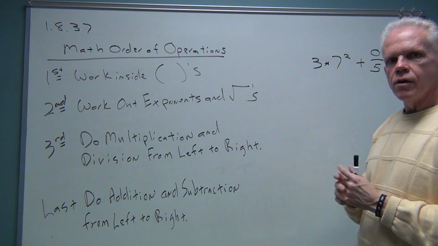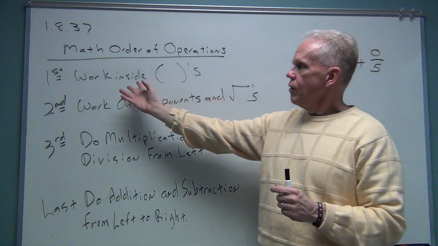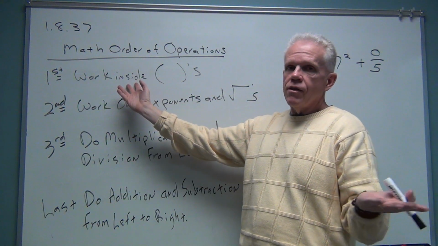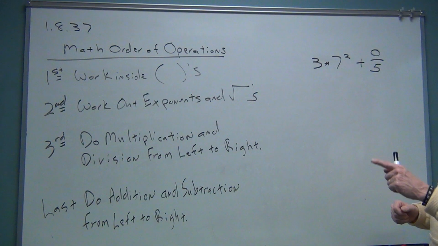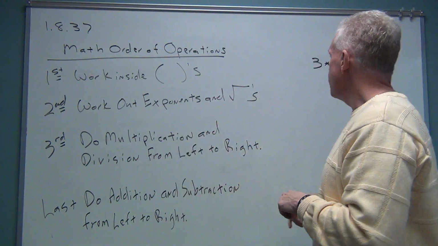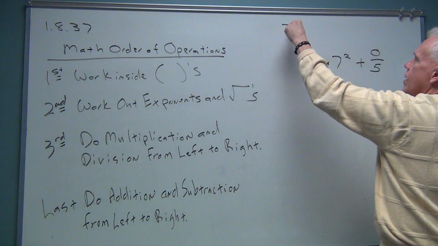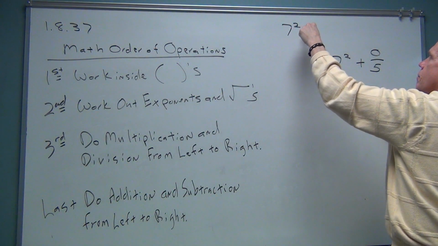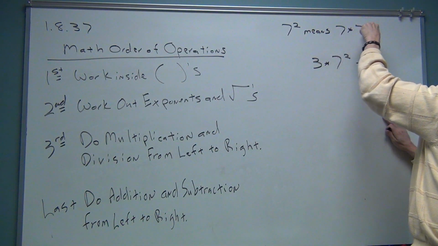So let's take a look here. First of all, in this problem, I see no parentheses. So we check that. We don't have to worry about finding parentheses and doing those first. The next thing I see here, though, are exponents. I do see an exponent. And so what we need to know is 7 squared means 7 times 7.